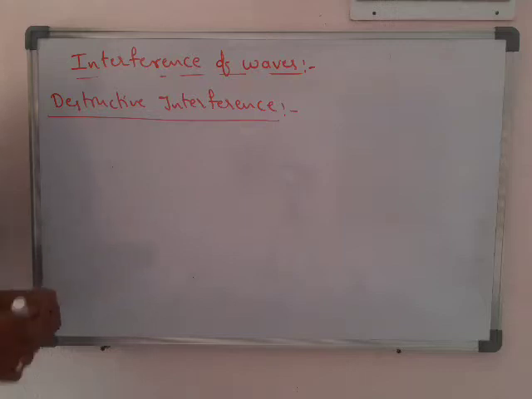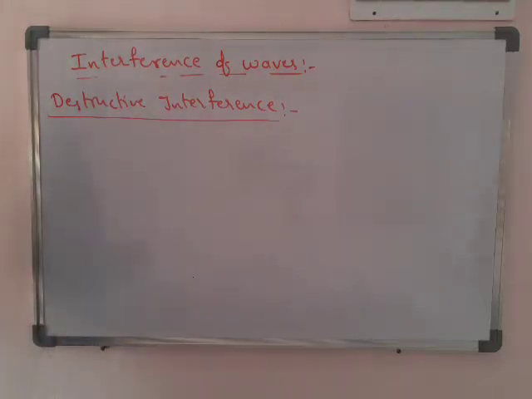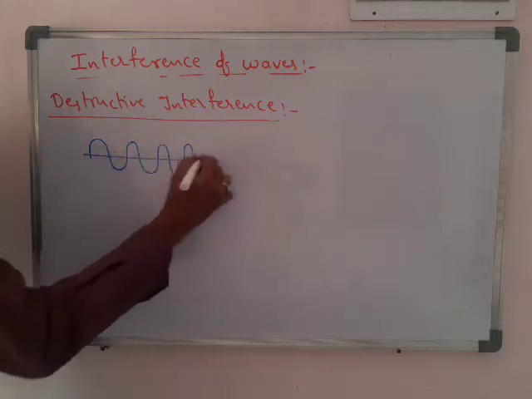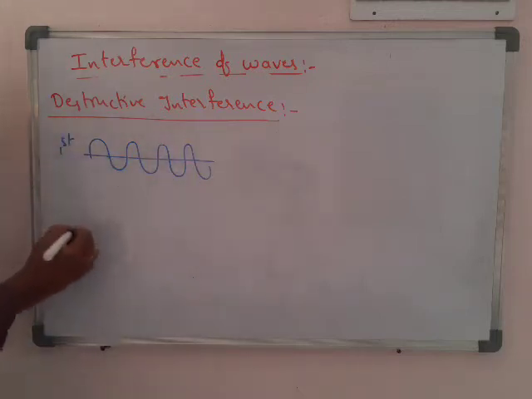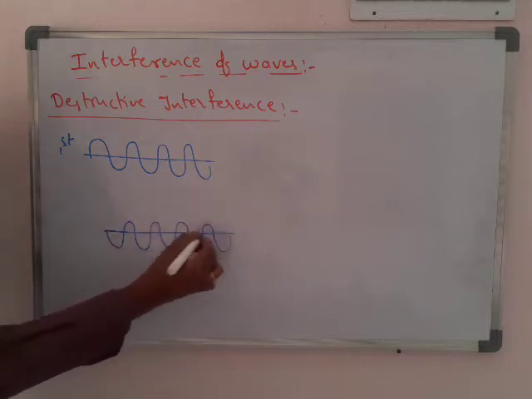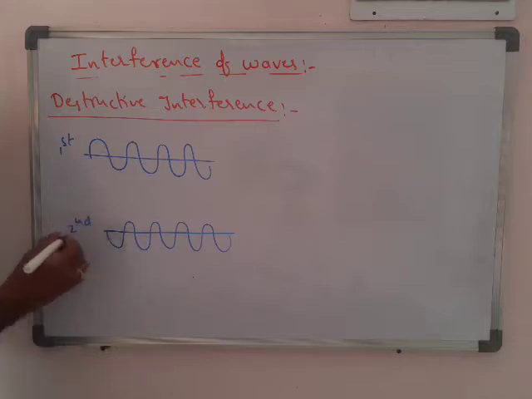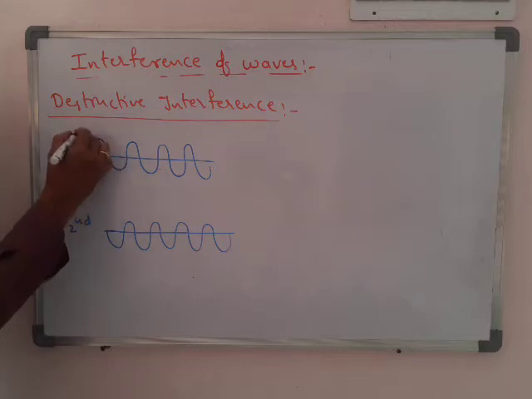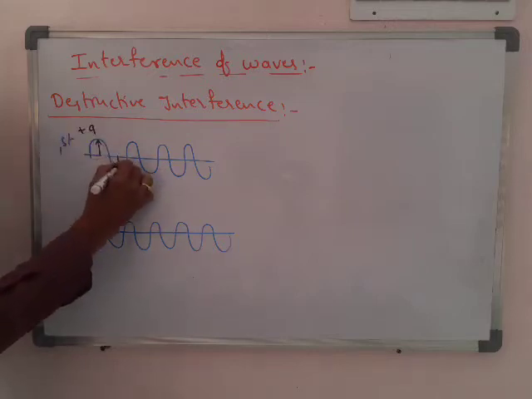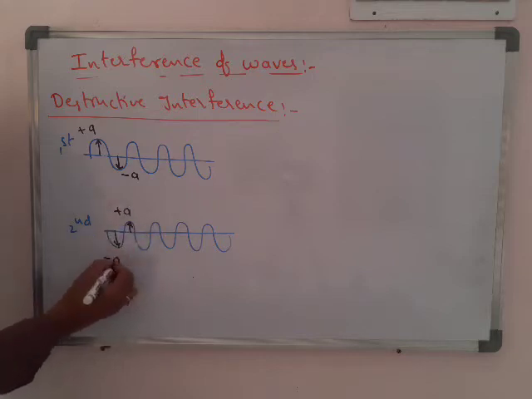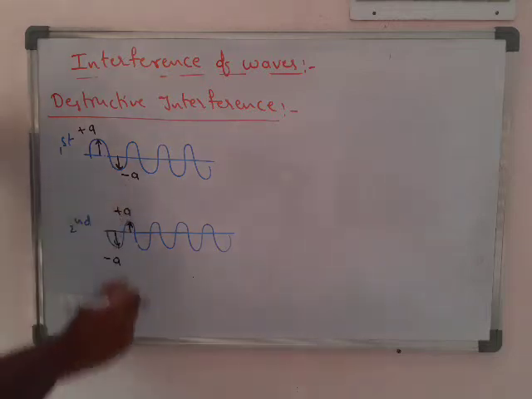Destructive interference means it is exactly opposite. I will explain first. Take a wave as the first wave, and let's take another wave. We already know the points of a crest: the crest has plus A, the trough has minus A, and this wave also has a crest of plus A and a trough of minus A amplitude. So they combine like this.